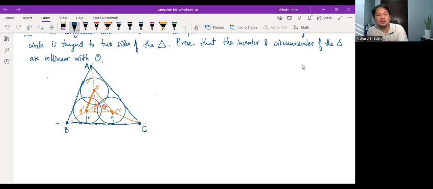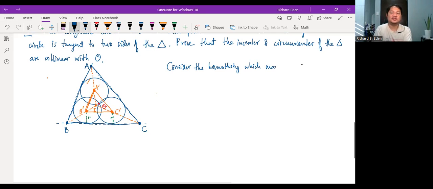So I suppose you could frame this with I as the center of homothety. Consider the homothety with center... wait, hold on.